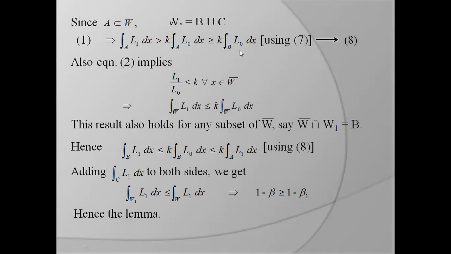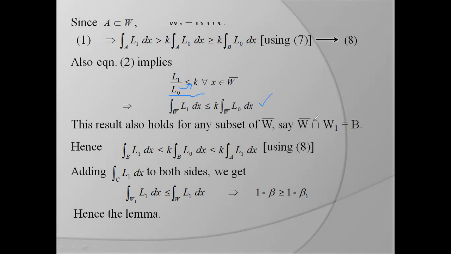Now from equation 2, L1 by L naught is less than or equal to K. Using that, integral over W bar of L1 dx is less than or equal to K into integral over W bar of L naught dx. This result also holds for any subset of W, for all the subsets of W.